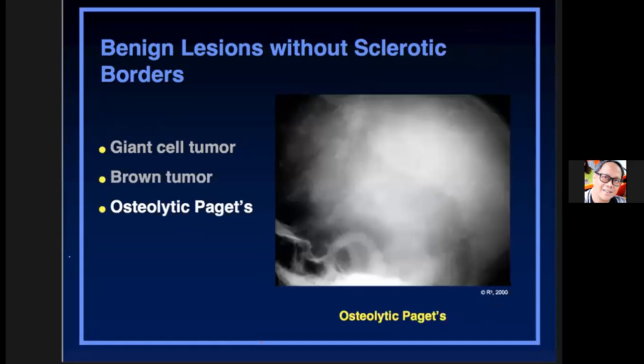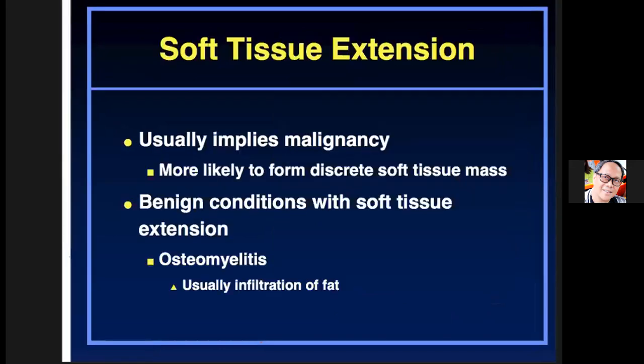Okay. Paget's disease. You can see a very large lytic lesion involving the frontotemporal cranial bones. And when you do have soft tissue extension, that usually implies a malignancy. So when you see involvement of the soft tissues, it is considered malignant until proven otherwise.